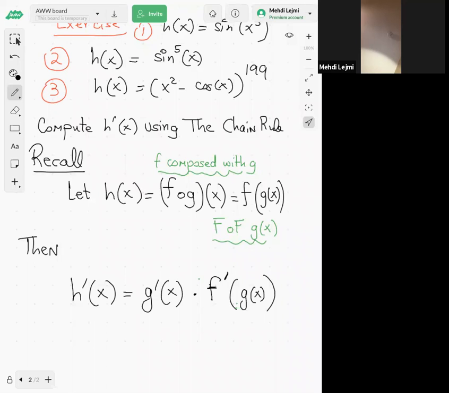Okay, so that's what I call the chain rule.